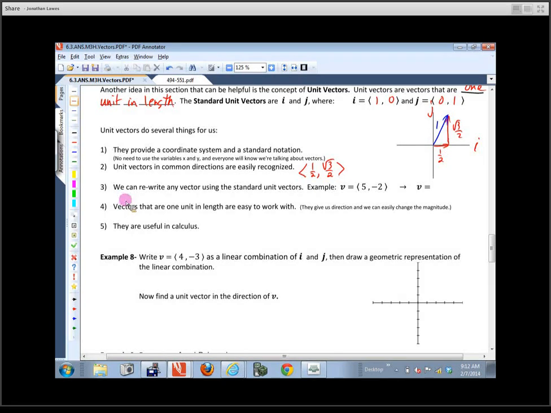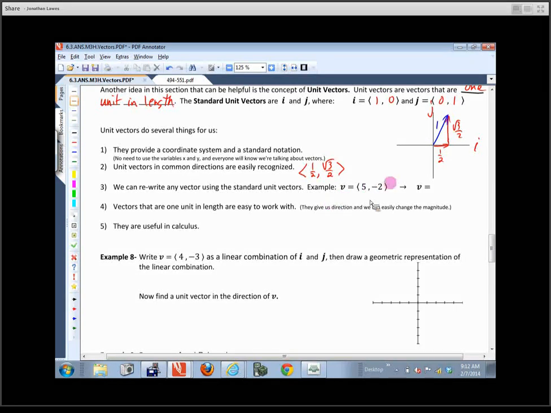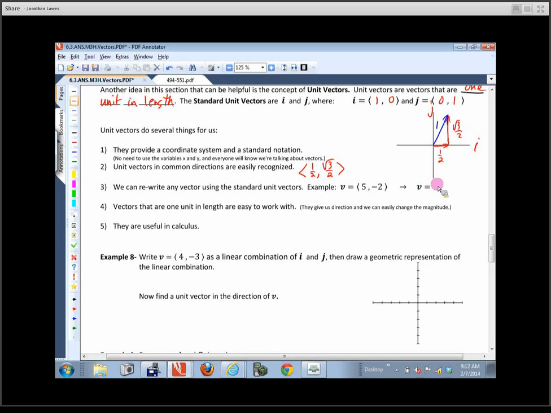The next thing is we can rewrite any vector using the standard unit vectors. So if I've got this vector right here, one way that I can write that is 5i's minus 2j's.